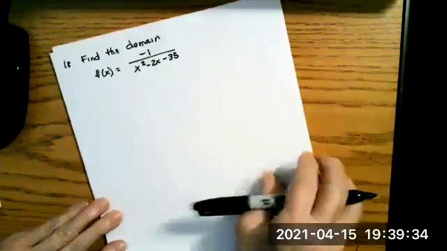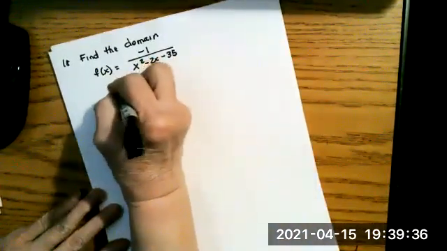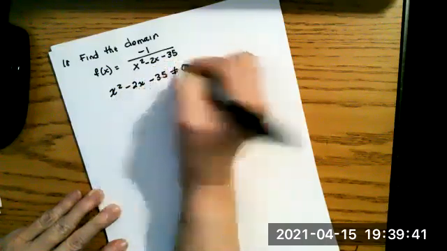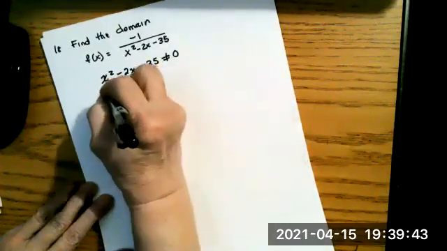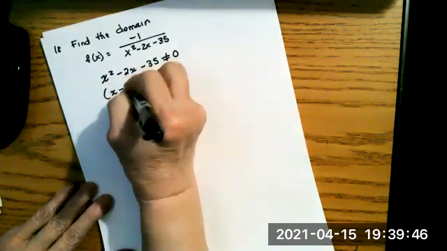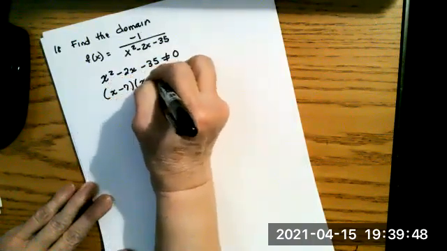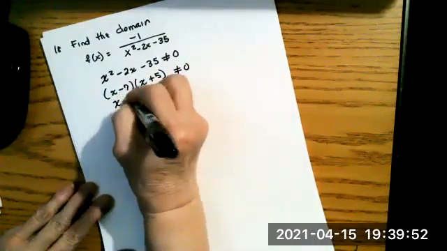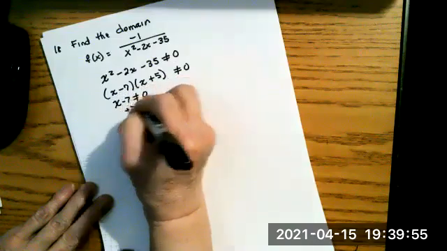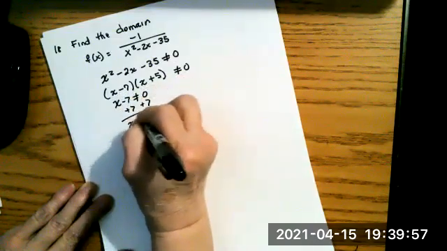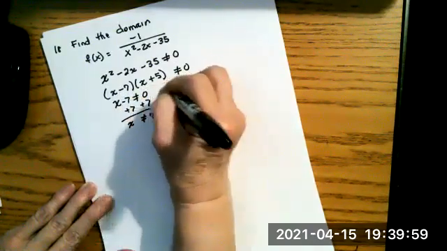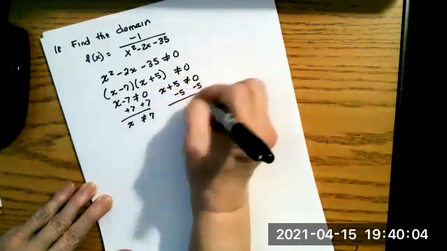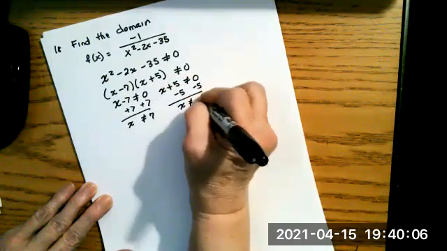So again, we do the same thing. We do x squared minus 2x minus 35 not equal to 0. Factor this. I think this factors into x minus 7, x plus 5. So x minus 7 not equal to 0 gives us x not equal to 7. x plus 5 not equal to 0 gives us x not equal to -5.